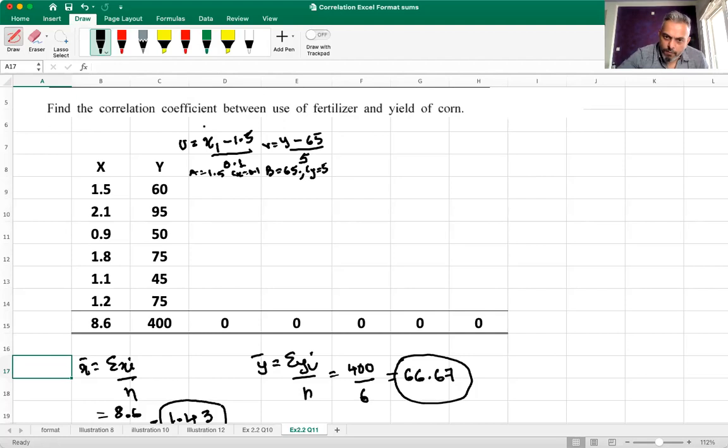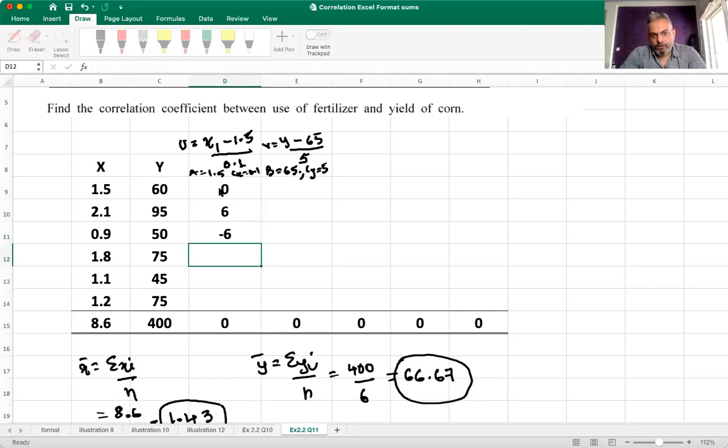Now U, V, let's find out. 1.5 minus 1.5 is 0, 2.1 minus 1.5 is 0.6, divided by 0.1, so 6.